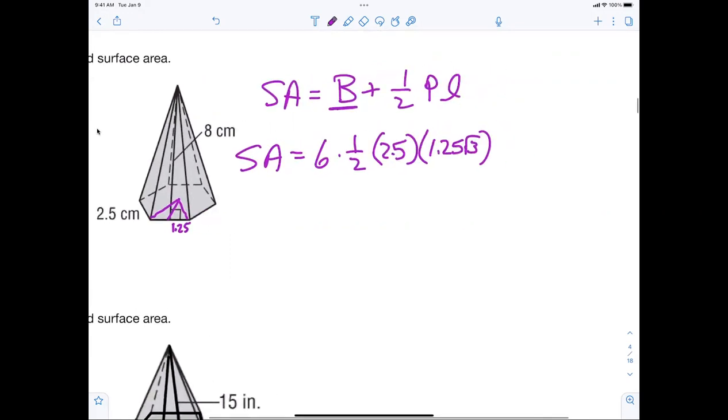Plus 1/2. The perimeter would just be what? How much? 15 times the slant height, which was 8. All right, and of course I want the exact answer, so surface area is equal to, someone tell me. Sebastian, go ahead, bud.